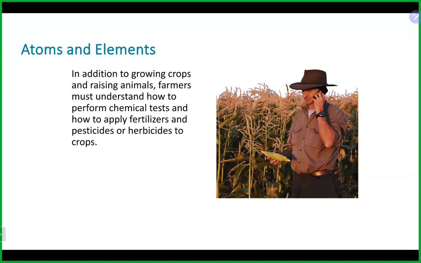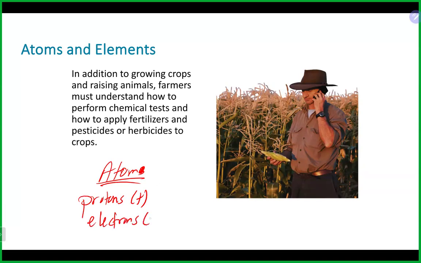The atom is the basic unit of all elements. And as we'll talk about, the atom contains even smaller particles. There's protons, which are positively charged, electrons, which are negatively charged, and neutrons, which have basically no charge.